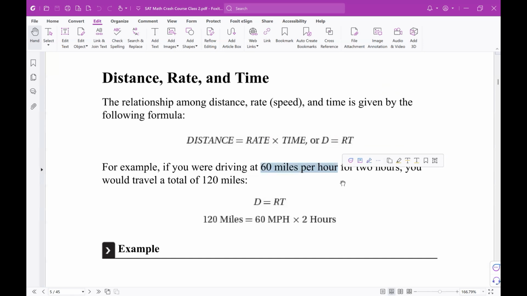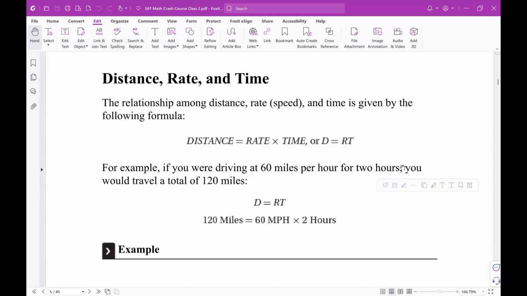And the time spent driving, that is basically 2 hours. This is the time. So the total distance we are covering, that is d, and it is nothing but 60 into 2 hours. That is 120 miles.